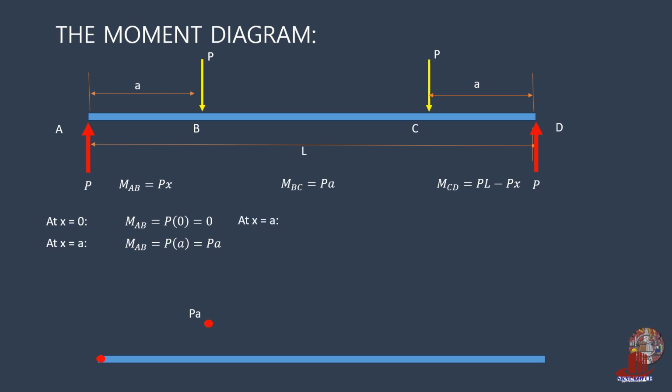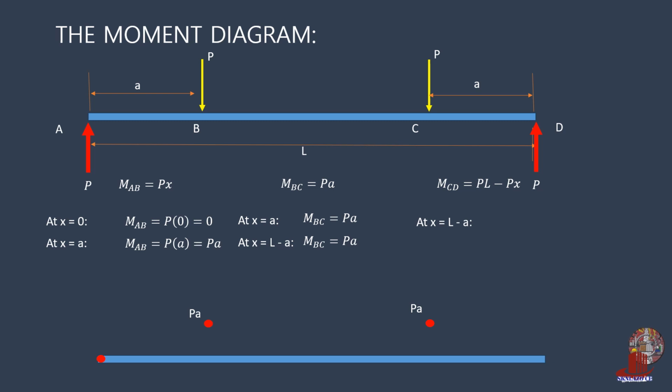For the second span, start with x as A, and the moment still comes out as PA. Take note that from the moment diagram, there is just one continuous trend of moments. So continue with x as L minus A, and MBC is PA.